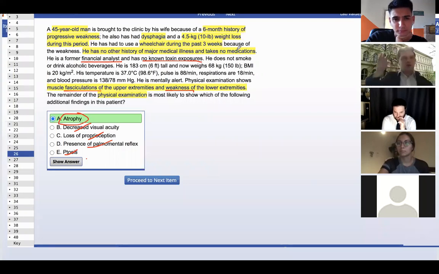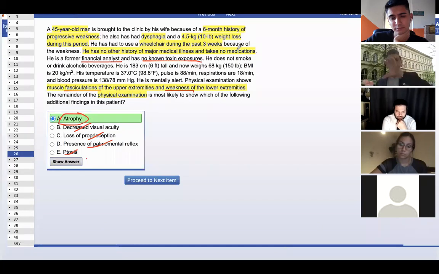As you read the symptoms in your head, try to build what they can lead up to. Or if you have a disease, like the last question with the pulmonary embolism, walk through the individual steps of what you would expect to happen following, let's say, chronic emboli. And from there, you can easily pick the right answer.